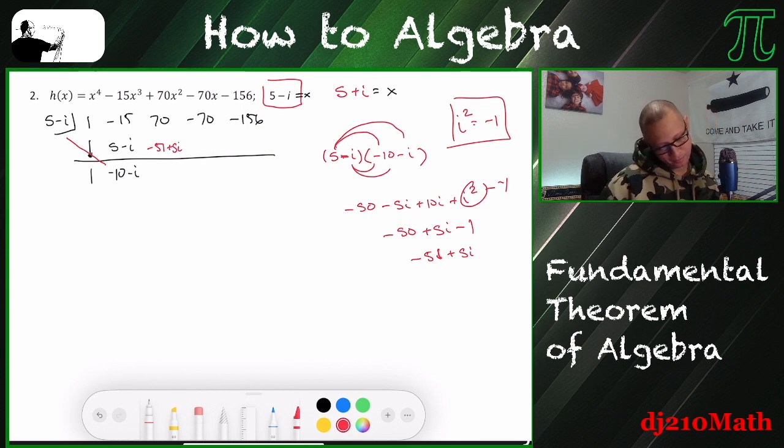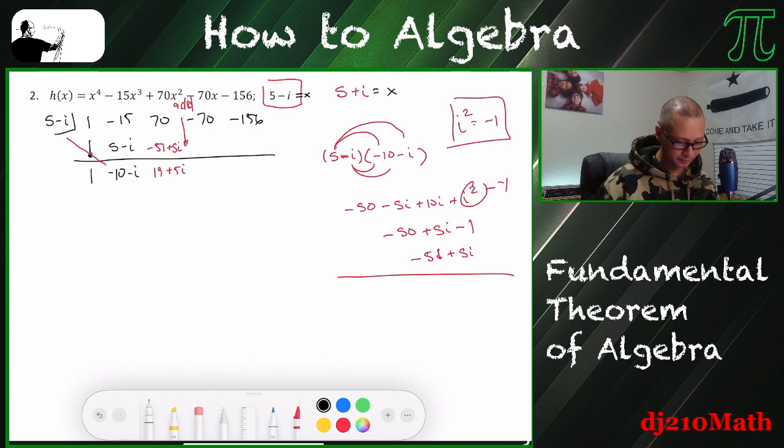Okay, adding, because we have to add going down. We add 70 minus 51. 19 plus 5i. Okay, start over. Side work again.